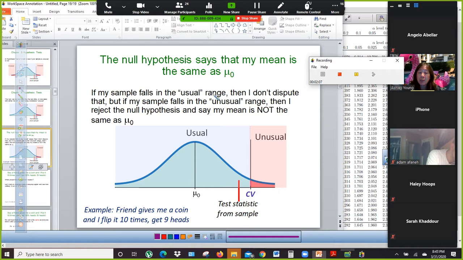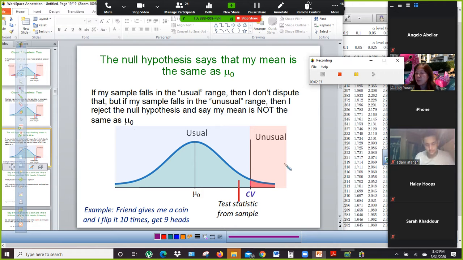If my sample falls in the usual range, then I don't dispute that mine is the same as everybody else's. But if I get something really unusual for a sample, then I reject the null hypothesis and say that my mean is not the same as everybody else's mean.